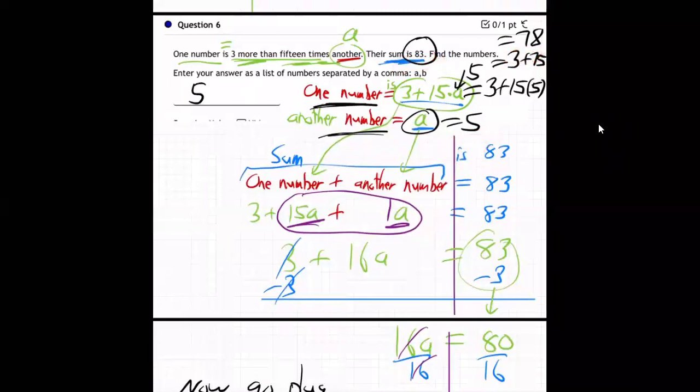You can put the 5 first and then the 78, or vice versa. Remember, separate them by a comma: 5 comma 78 or 78 comma 5, either way. Those are the two numbers. So again, how did I do that? I wrote a formula for the one number: 3 added to 15A, and the other number was A, or you could use X. And I added those two formulas together because it said their sum is 83.